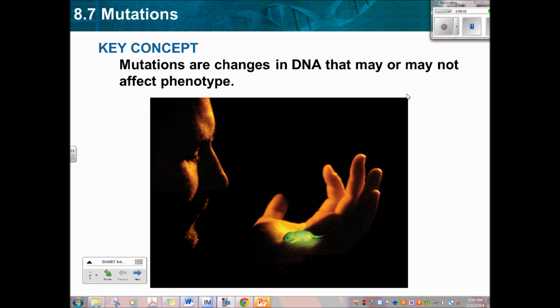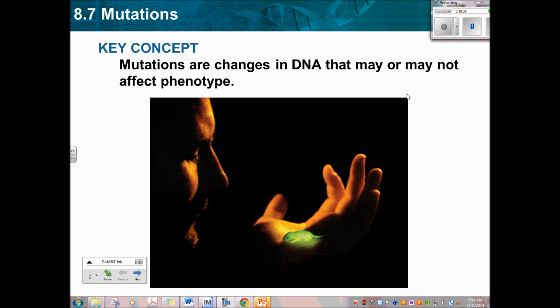Remember how the code is redundant? I'll just make it up. I could be wrong, but maybe AAG might code for the same thing as AAC. You guys follow me? So the G is not supposed to be a G. It was supposed to be a C, but if it codes for the same thing, does it matter? Listen to me.